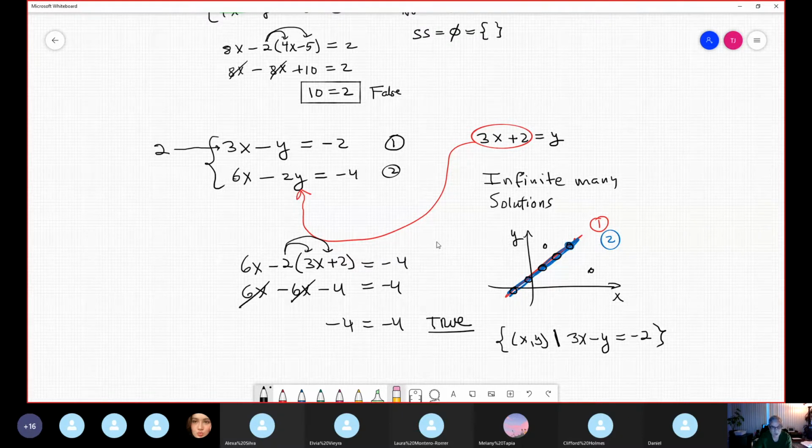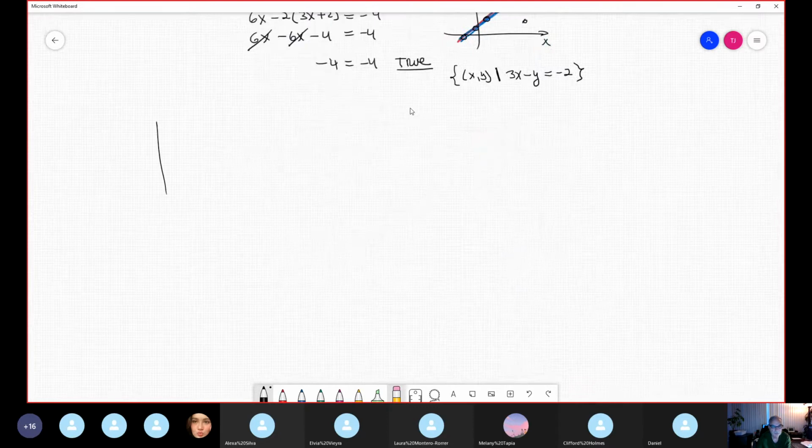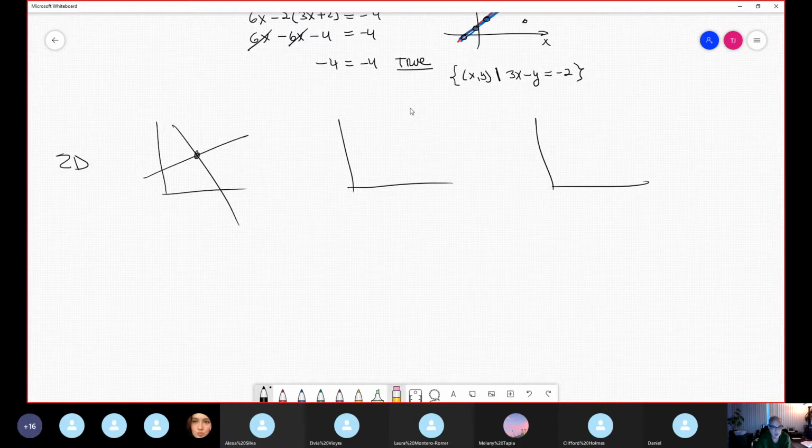Okay, I try to summarize everything in a two-dimension problem, 2D. We have three cases. Listen, 2D. When you have two equations and you have one solution, this is a unique solution. And this system is also called consistent.